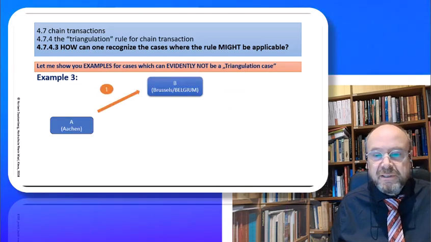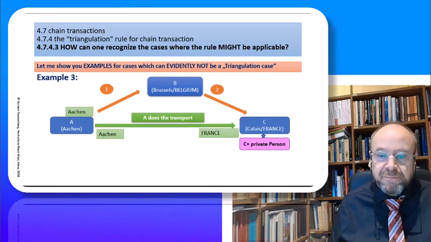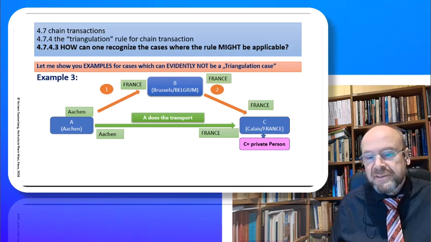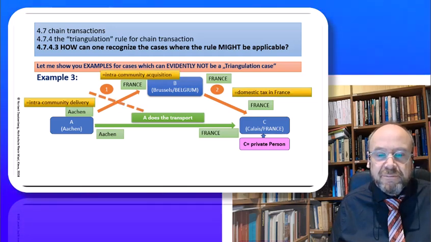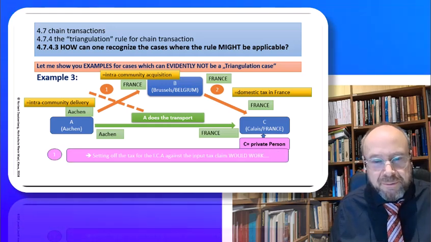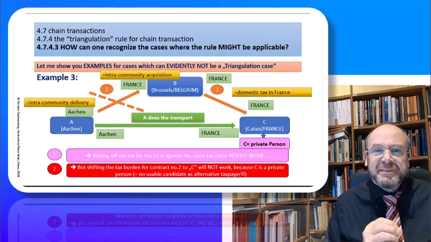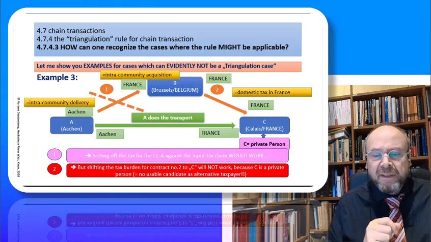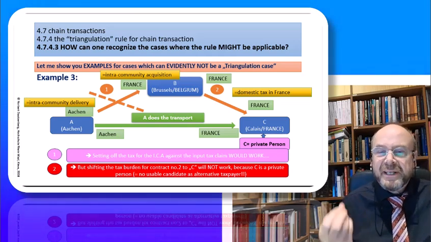What also might happen is this. A does the transport, but as you see here at the end, C is now a private person. So you could net off the ICE against the input tax. However, that doesn't help you, because if you have a private customer, then the seller necessarily must pay the tax to the country of destination. So here B can't avoid paying taxes in France, registering, and handing in a tax declaration.